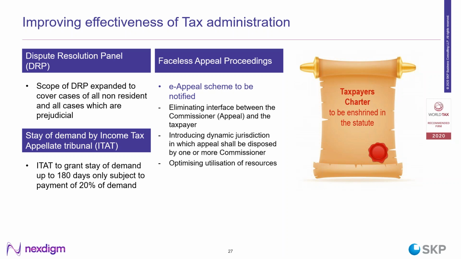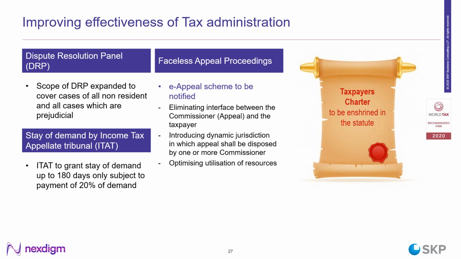This is mainly done to reduce the human interaction or the physical interaction between the taxpayer and the tax officers, in order to discourage any corruption issues which may arise or any biases which may develop between the taxpayers. So now it is proposed to take this to the next level and even apply faceless e-assessment proceedings to even appeal proceedings, that is the first level appellate proceedings in India.